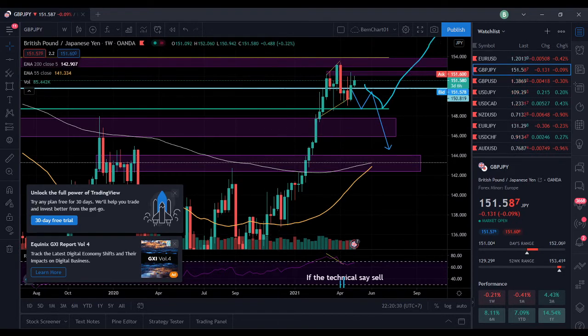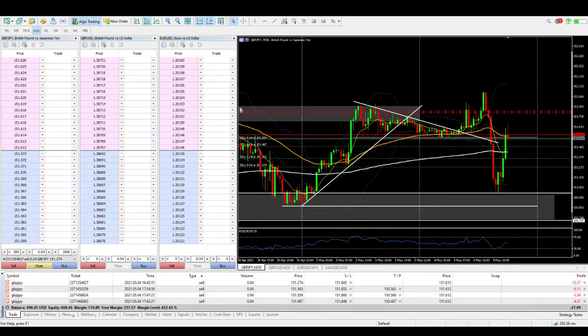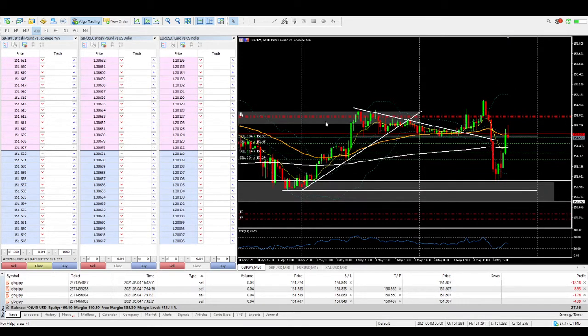Okay, let's go back now. I'm using the 30-minute chart here in FBS. So I think there's a downward pressure here right now. I'm hoping it will go down. Let's see our Fibonacci.